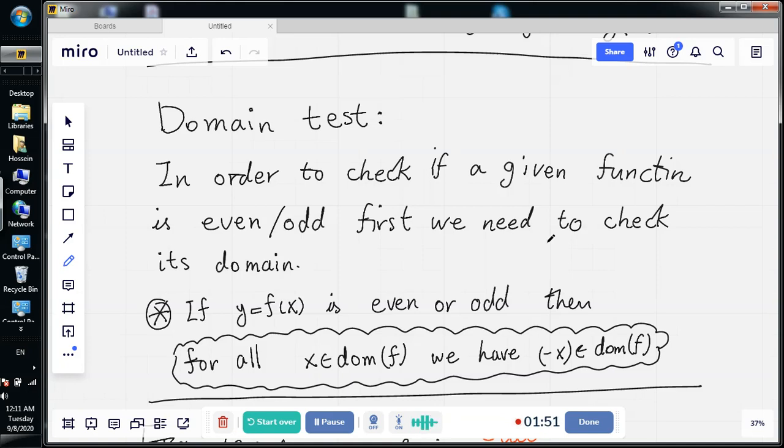The point is that if y equals f of x is even or odd, then for all x in the domain of f, negative x is also in the domain of f. In other words, if f is even or odd, the domain of f is going to be symmetric with respect to the point 0.